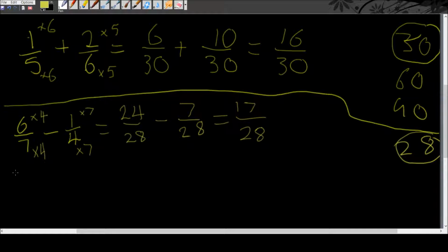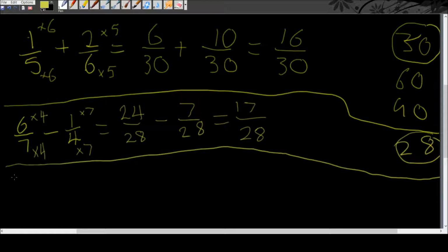That can and will always work when you're trying to add fractions that have different denominators that need you to do something to both denominators. You can always times the two denominators by each other, and it will give you a common number that both the numbers go into.